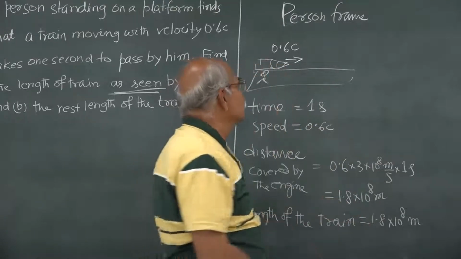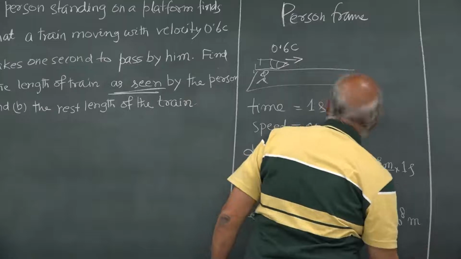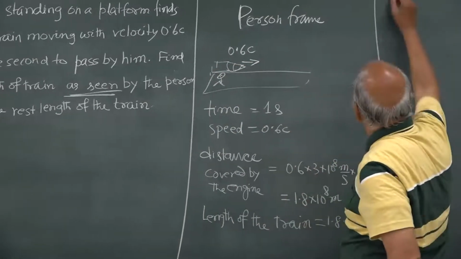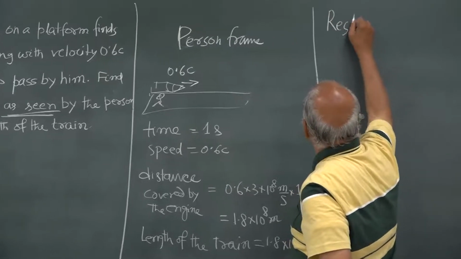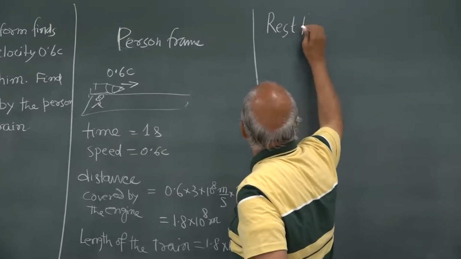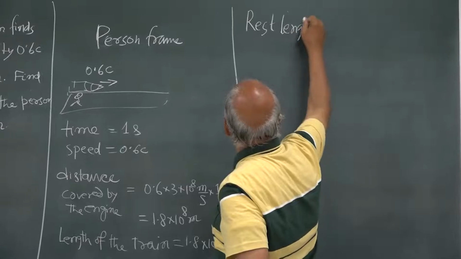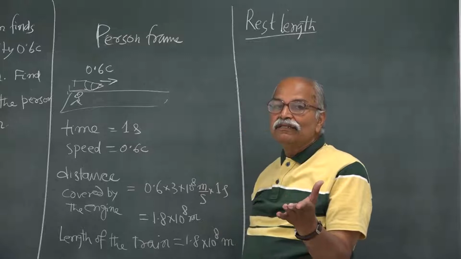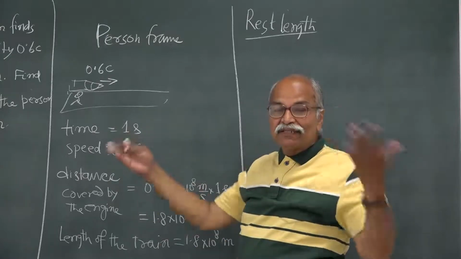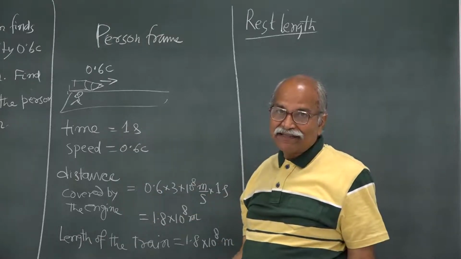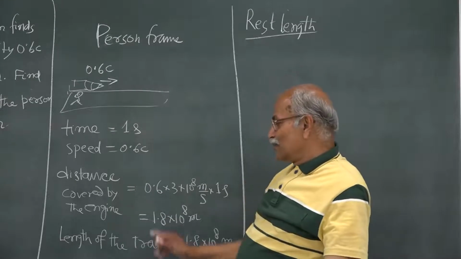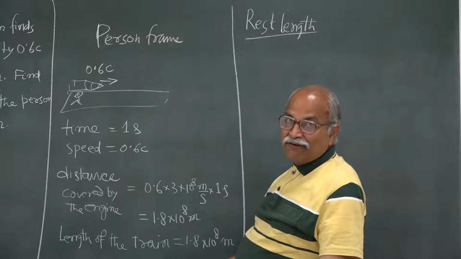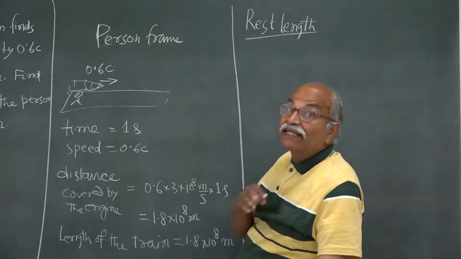So, this is the person's frame, and then we need the rest length. What is rest length? Rest length is the length in the train's frame itself. Rest length of a train means from the train frame you measure the length of the train, and this is the moving length because this is with respect to the platform, with respect to the person, and the train is moving.